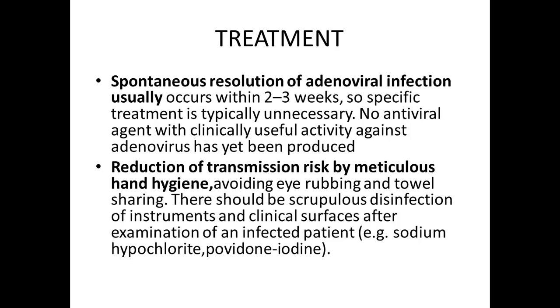You can give tear substitutes and lubricants, all to reduce the symptoms until the viral infection runs its course and goes. Like we said earlier, you can reduce transmission by meticulous hand washing and avoiding eye rubbing and towel sharing. Next slide, please.